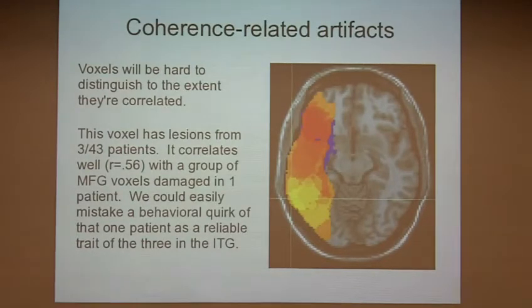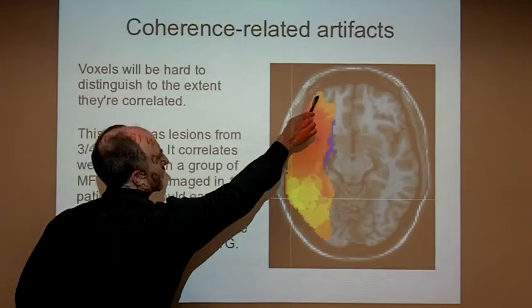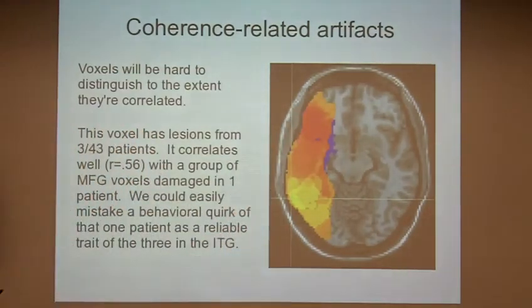What's also striking here is that the voxel where the crosshairs are has lesions from 3 out of 43 patients in this case. It happens to correlate really well, an R of 0.56, with a group of middle frontal gyrus voxels damaged in only 1 patient. That's I guess most of this orange area up here, I think.